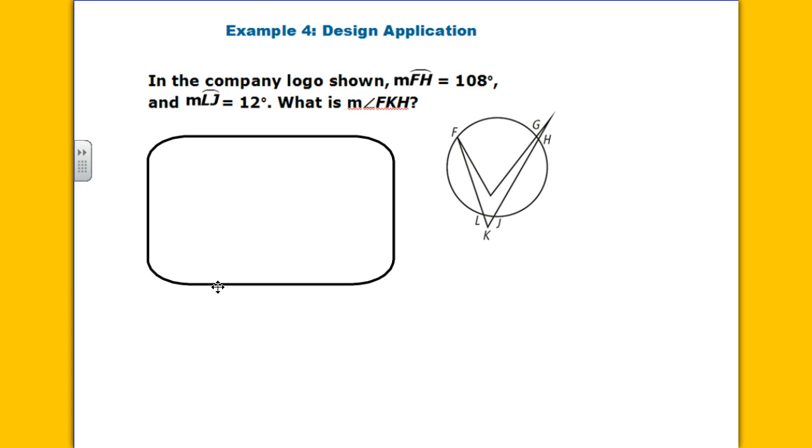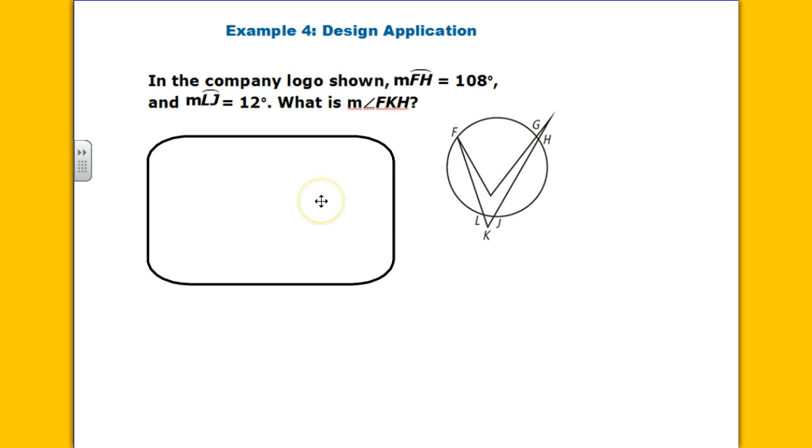In the company logo shown, the measure of arc FH is 108 and the measure of arc LJ is 12 degrees. So what is the measure of FKH? So we're looking at the angle that has a vertex exterior to the circle with two secants, right?